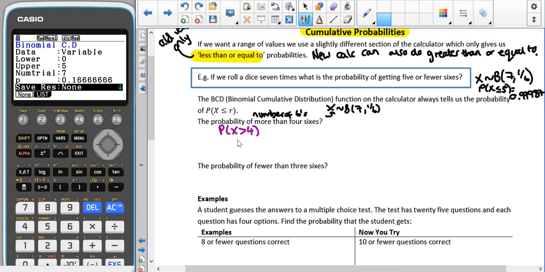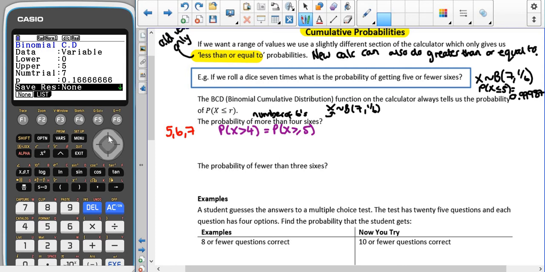If you think about what numbers this is encompassing, you don't have to think about this every time, you get used to changing these, but if you think about how many 6s we are talking about, getting 5, 6 or 7 6s from the dice. So this can be rewritten as the probability of X being greater than or equal to 5.